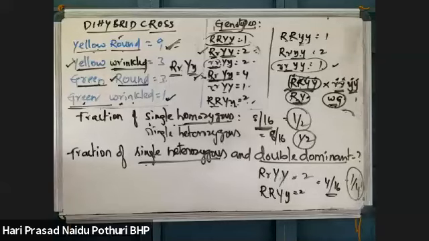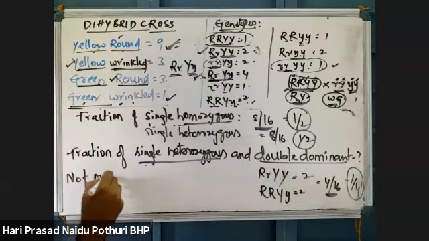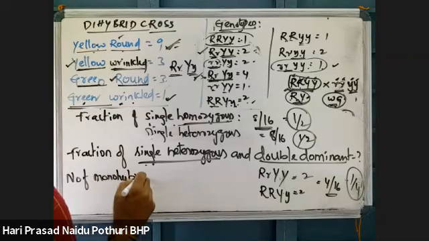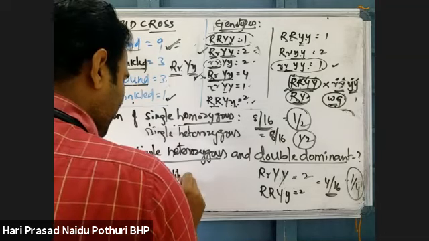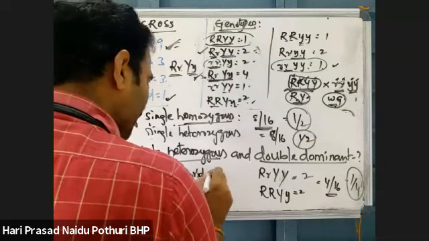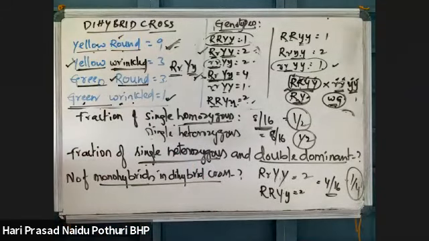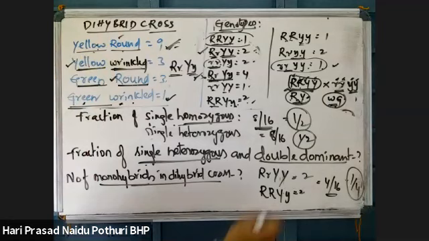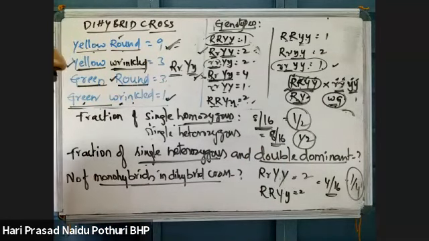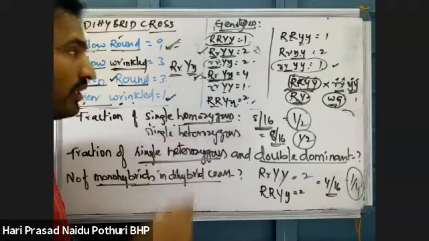Okay. What is the number of monohybrids in a dihybrid cross? Monohybrid means heterozygous for one gene. The same 8 by 16 will come. Monohybrid means for one gene it is a hybrid, heterozygous.